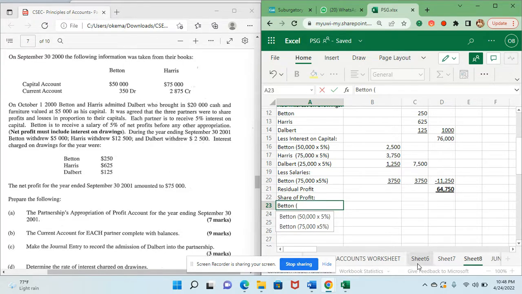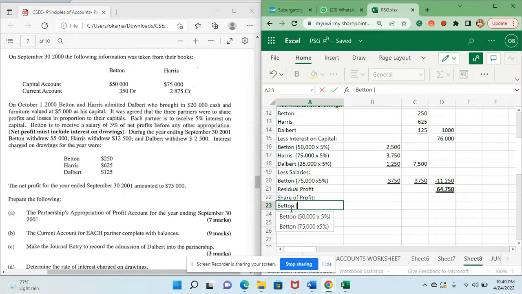So if we want to find the ratio to apportion each partner's capital correctly, we know that Albert had 25,000, Harris has 75,000, and Baton has 50,000, right? So we just have to find the total of all three, which would be 150,000.